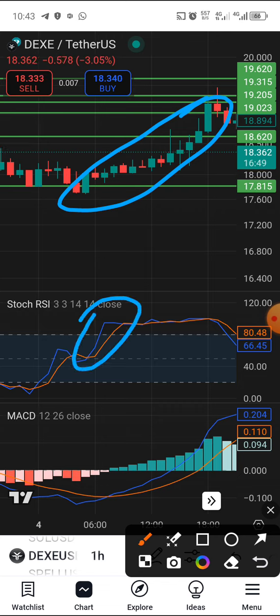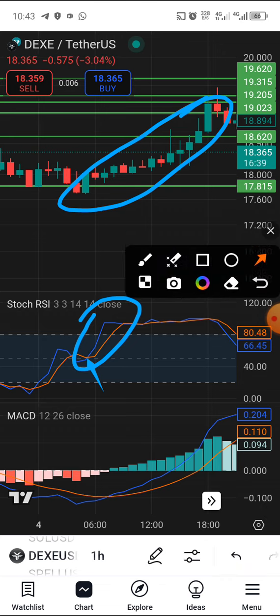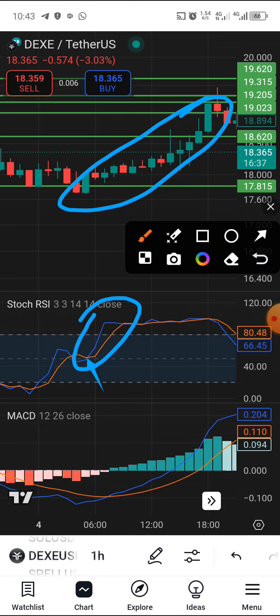Do you all see, guys, that the signal line crossed the average line? It made a golden cross and the market went up. Likewise, the MACD also made what we call a golden cross and the market went bullish. So do you see how you can pick this trade comfortably in case you found it at this point here?